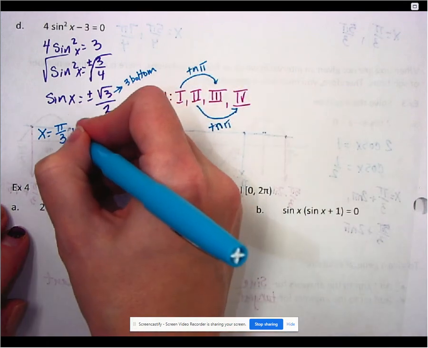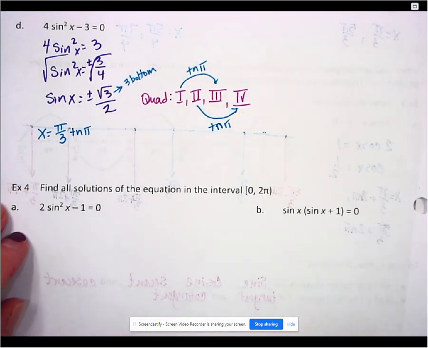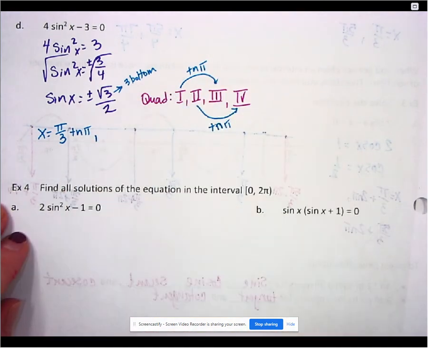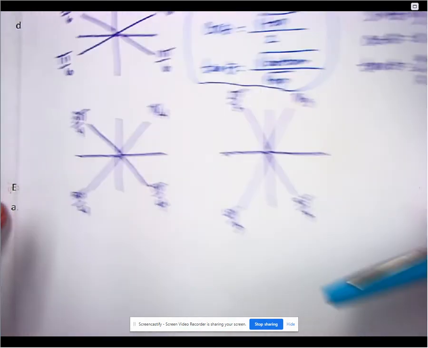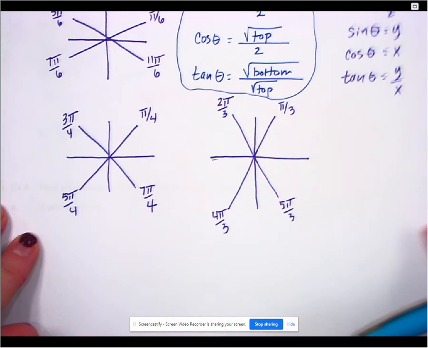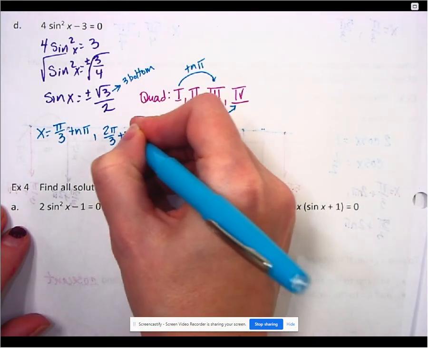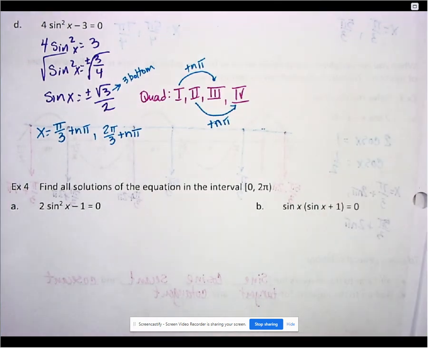And if we just add in pi to that, that also gives us our angle in quadrant 3. And the quadrant 2 angle for pi over 3 is 2 pi over 3. If we add in pi to that, it gives us our angle in quadrant 4.